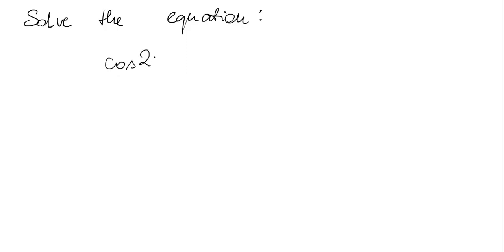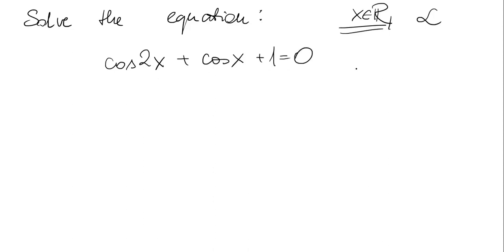Okay, and the equation looks like this. It's a cosine of a double angle. We use x here, okay? Sometimes you can use alpha, but you can easily find trigonometric equations with x, where x is a real number. And then we have cosine 2x plus cosine x plus 1 equals 0.